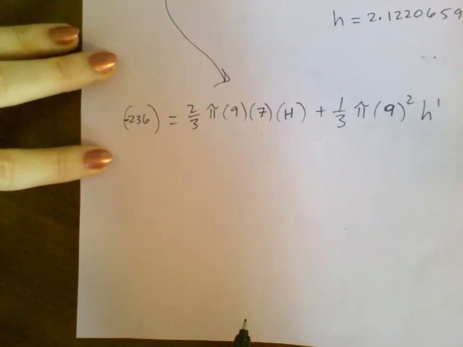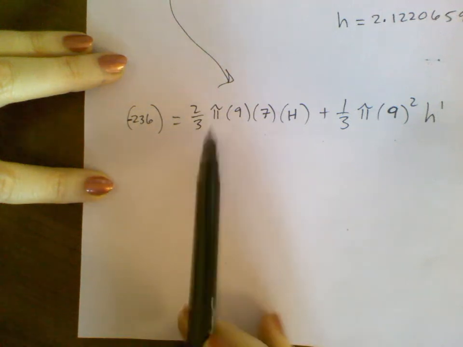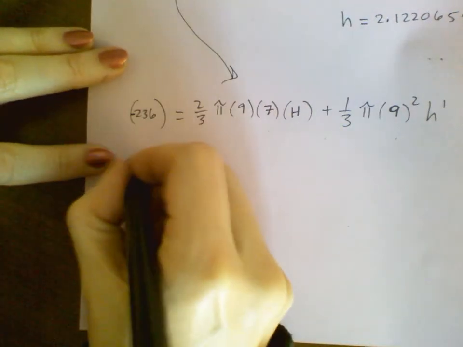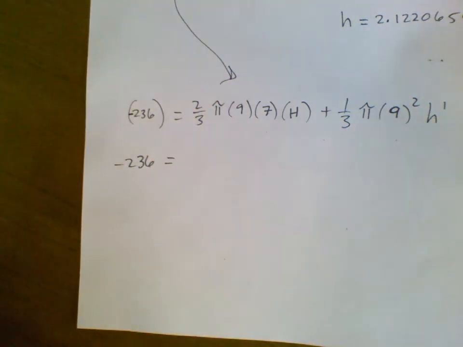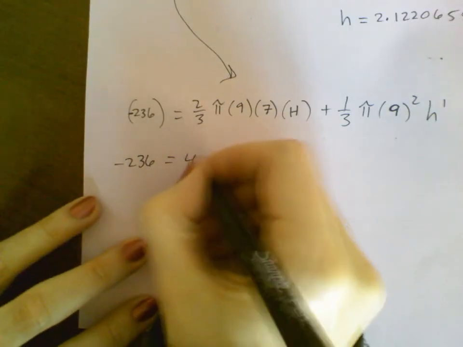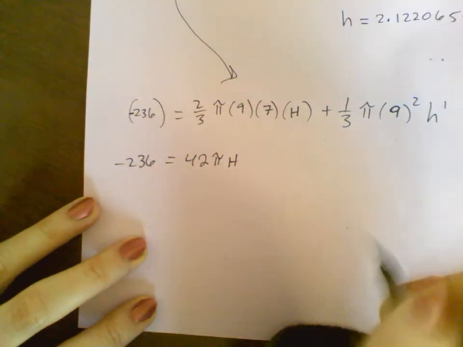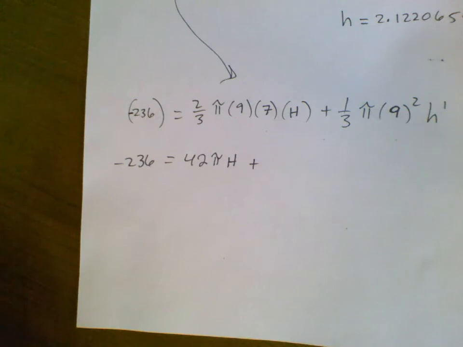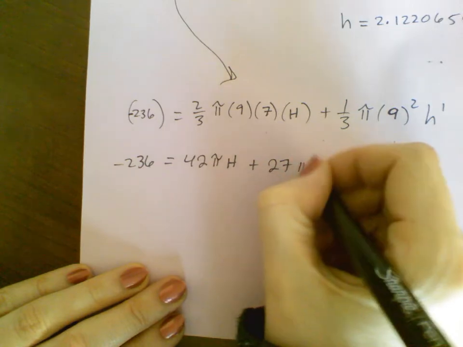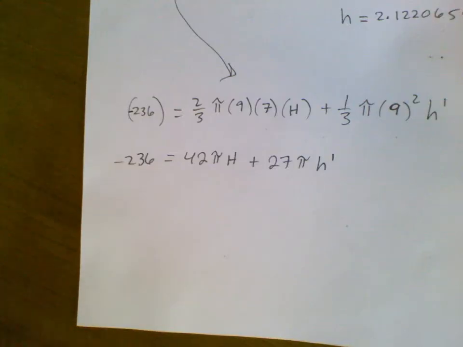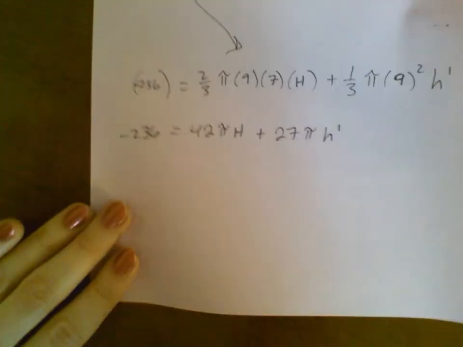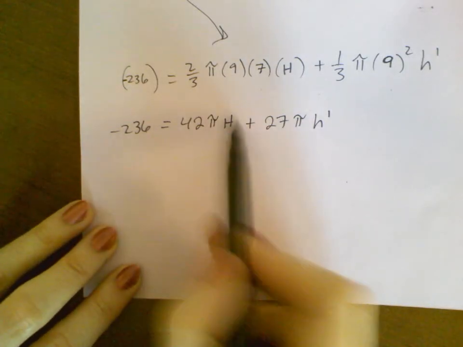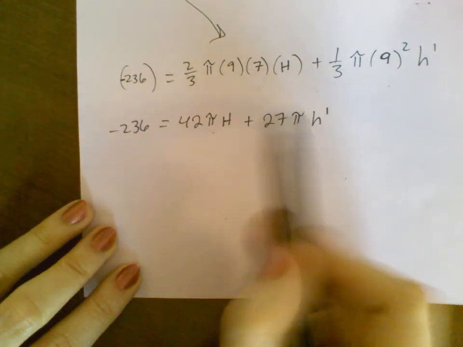Okay, let me consolidate this a little bit. So this is negative 236 equals... I'm going to do the 2/3, the 9, and the r prime, and multiply them. 2/3 times 9 times 7 is 42. So this is 42 pi h plus 27 pi h prime. Then I'm going to subtract this from both sides and divide both sides by the 27 pi.